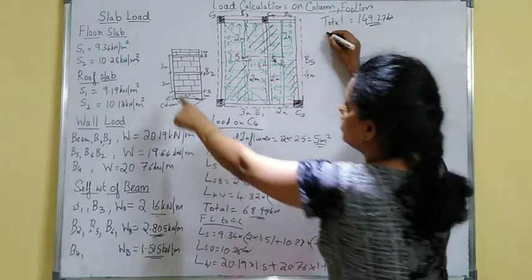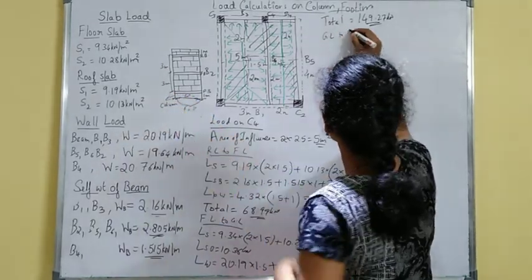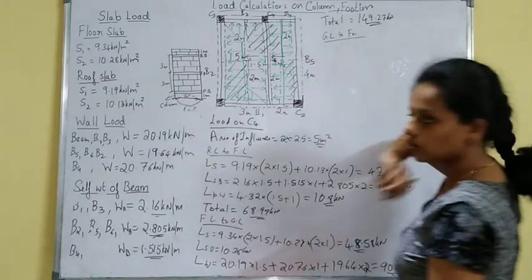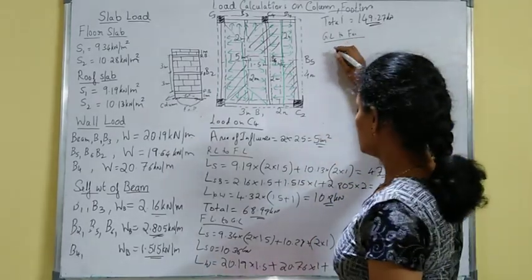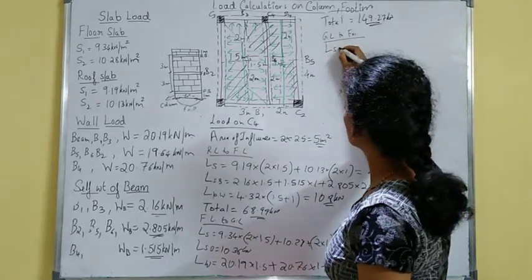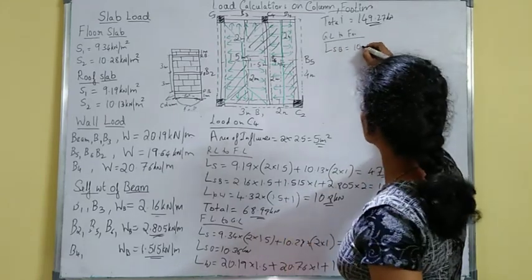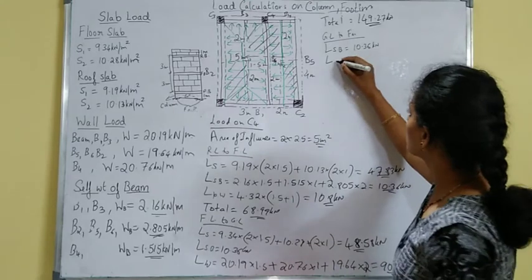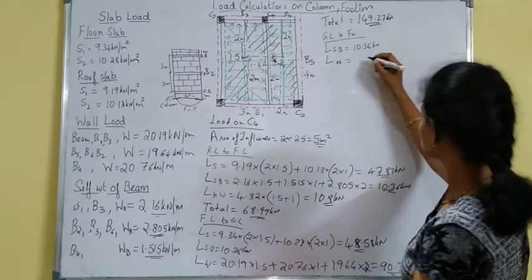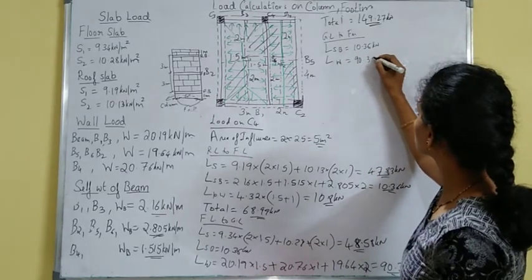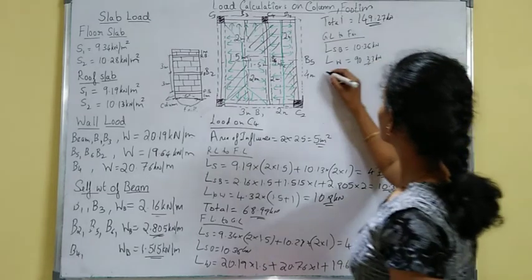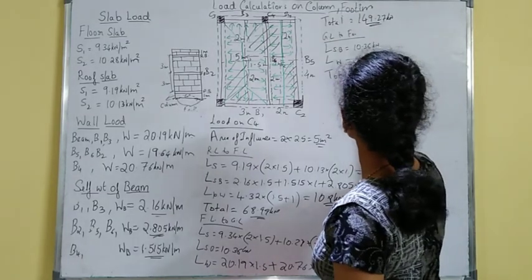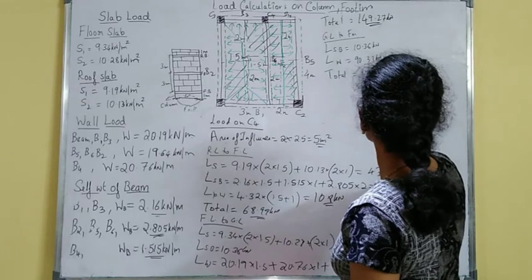Next, from ground level to foundation, here you have to consider only the sulfate and sulfate of beam, that is same 10.36. Then sulfate of or weight of wall, that is 90.33. Therefore total is 100.99.